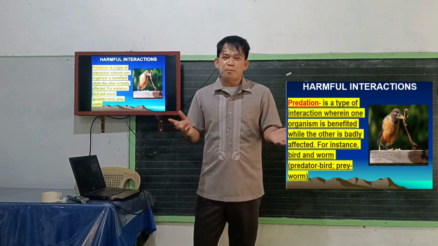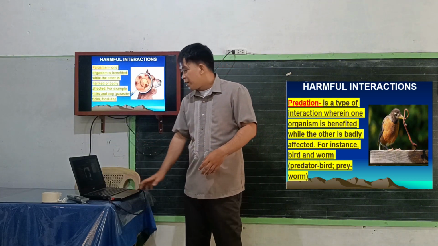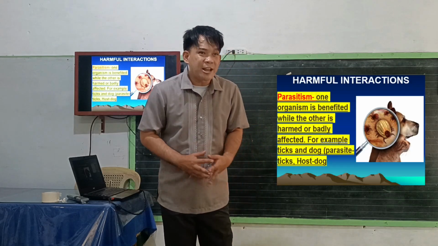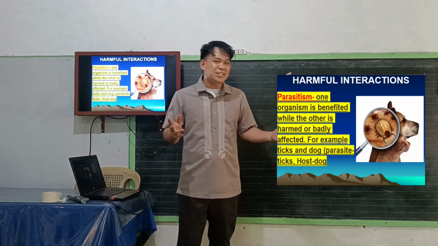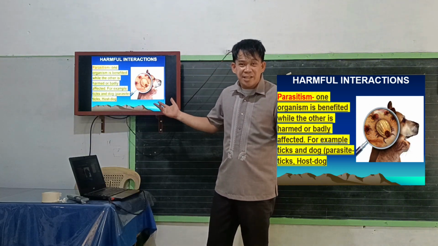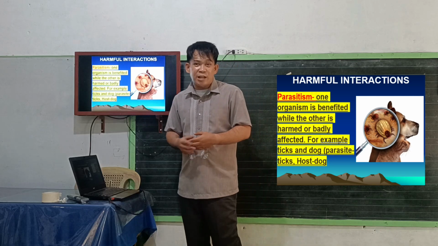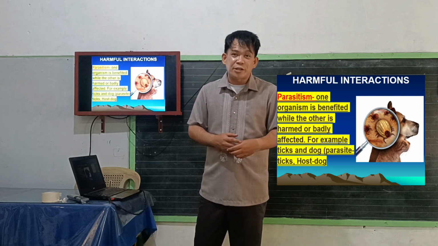There are so many examples, and those were given by your classmates a while ago. The other one is parasitism. Parasitism is when a parasite lives in the internal or external body of a living organism.